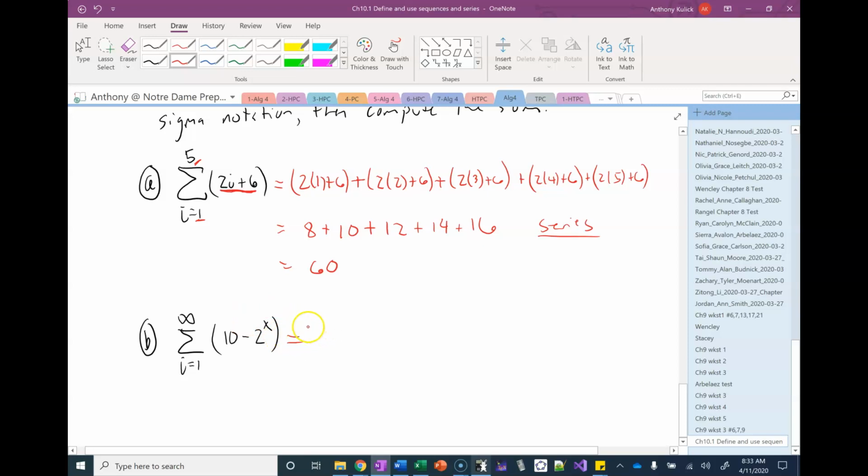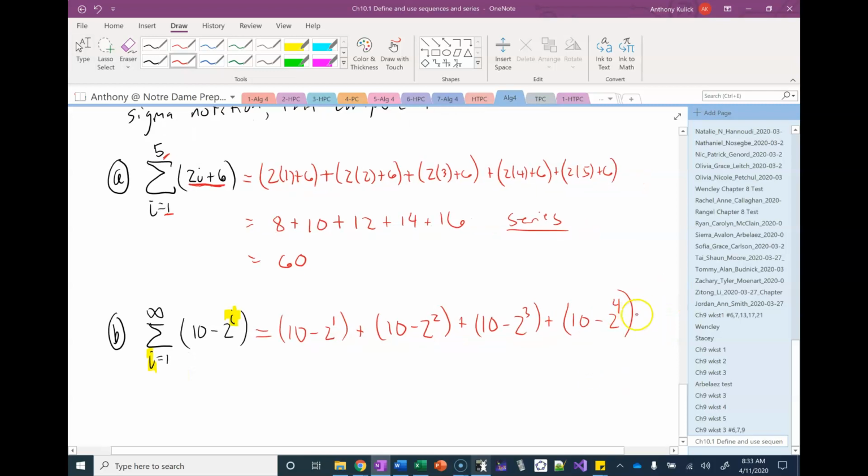Oops, that was supposed to be an i, right? This variable and this variable need to match. And then we plug 2 in for i, and then 3 in for i, and then 4 in for i. And that's probably good, because I know this is infinite, so it's going to have the dot, dot, dot at the end.